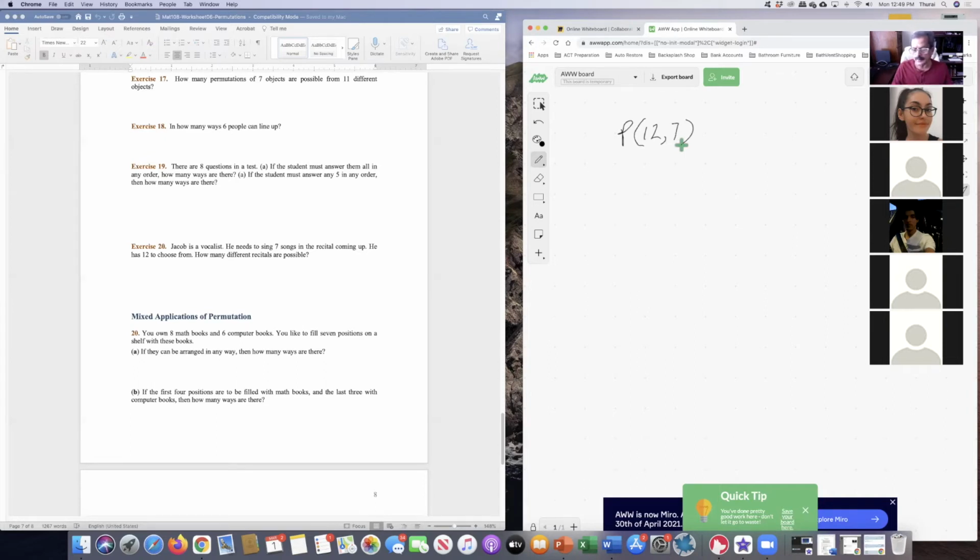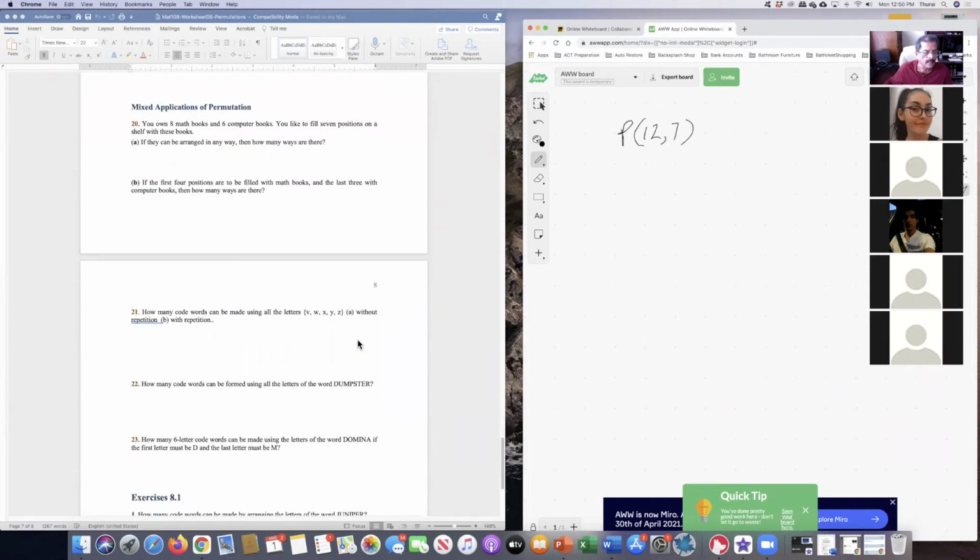He can choose any 7 and he can play those songs in any order. So rearrangements of all 7 will be different recitals. So how many recitals are there means the number of ways of choosing 7 from 12 and rearranging will be counted. So therefore it's permutation.